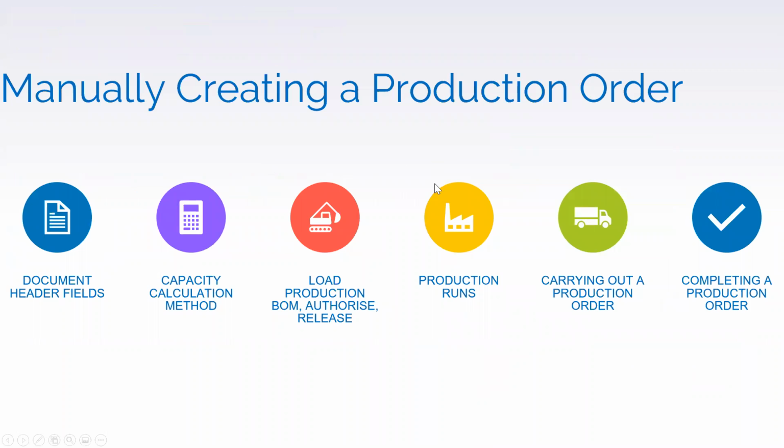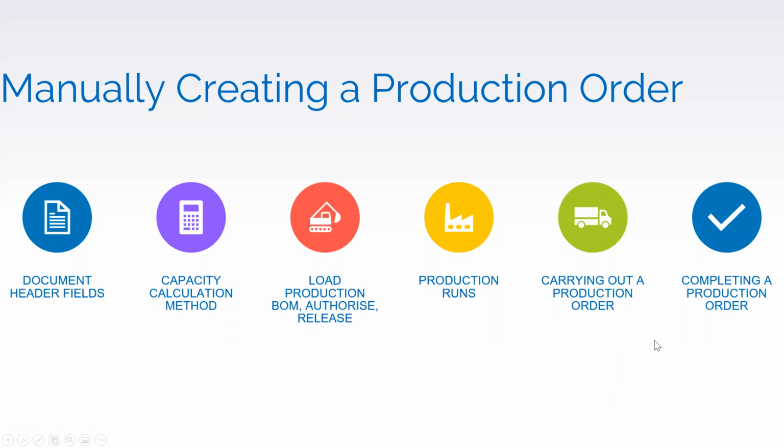And so when we're looking at a manual creation of an order, we'll look at document header fields, capacity calculation method, how to load a production BOM, authorize and release it, look at the production runs. So these are breaking the same production order into multiple runs. So for example, if I'm producing 25 units, but I want to produce 5 at a time, then I could build that out into 5 different runs.